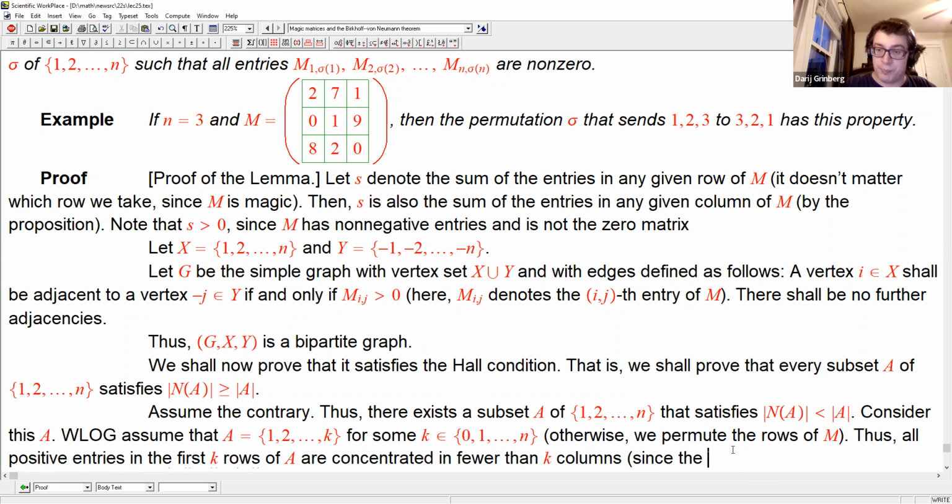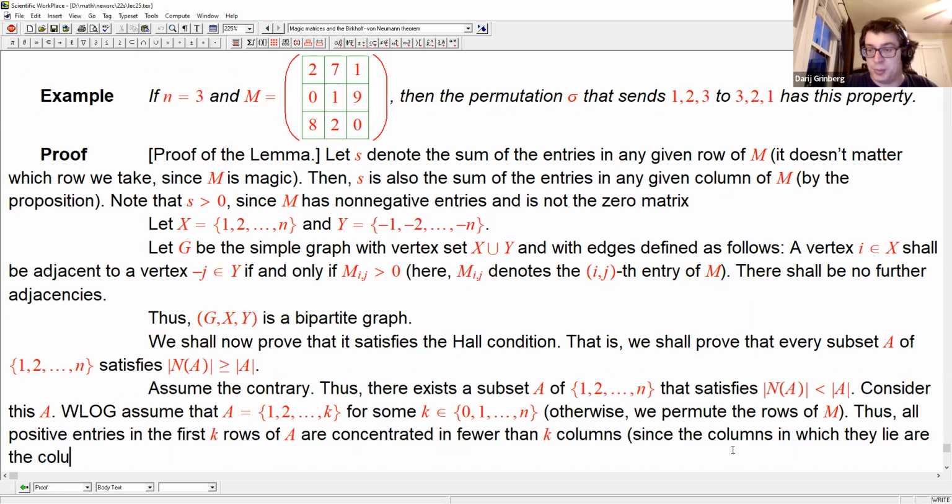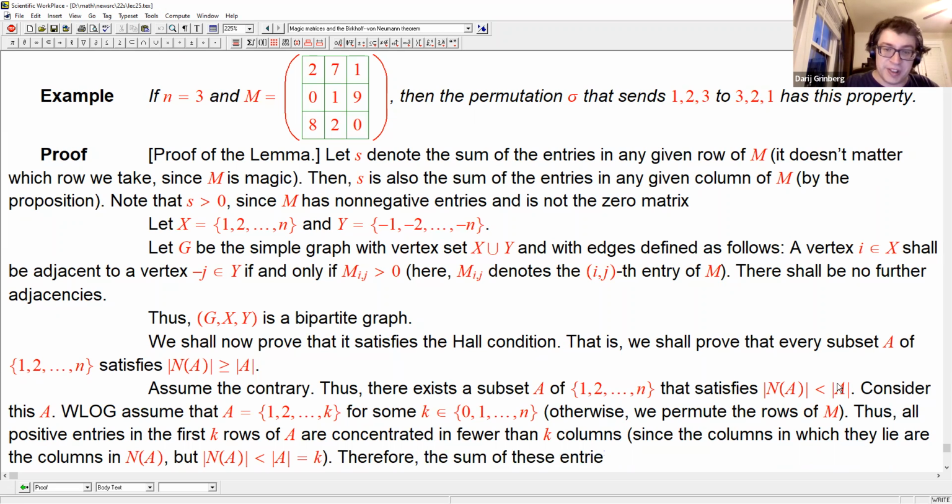So the columns in which they lie are the columns in N(A), but the size of N(A) is less than the size of A, which is k. Therefore, the sum of these entries is smaller than ks, because in each column the sum is s, and if you live in fewer than k columns, the sum is, well, actually at most (k minus 1)s, but all we need is that it is smaller than ks.